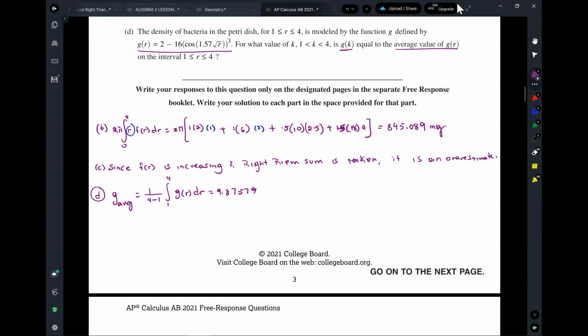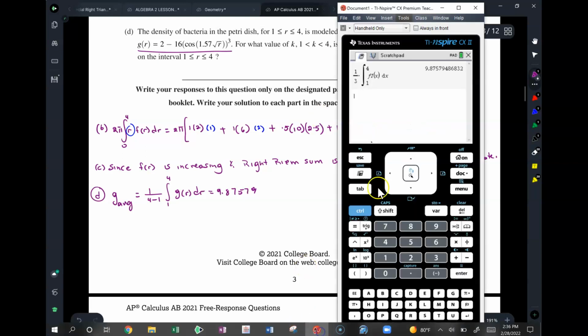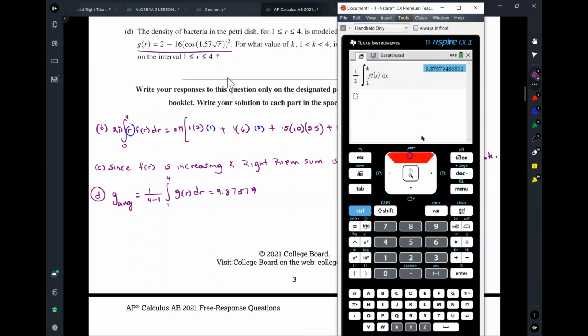So I go over to that, and you can do Control C. Go back in your function. You want to know when this blue function is equal to that value. So press tab, in F2 do Control V. Enter. It was like y equals 9.8.